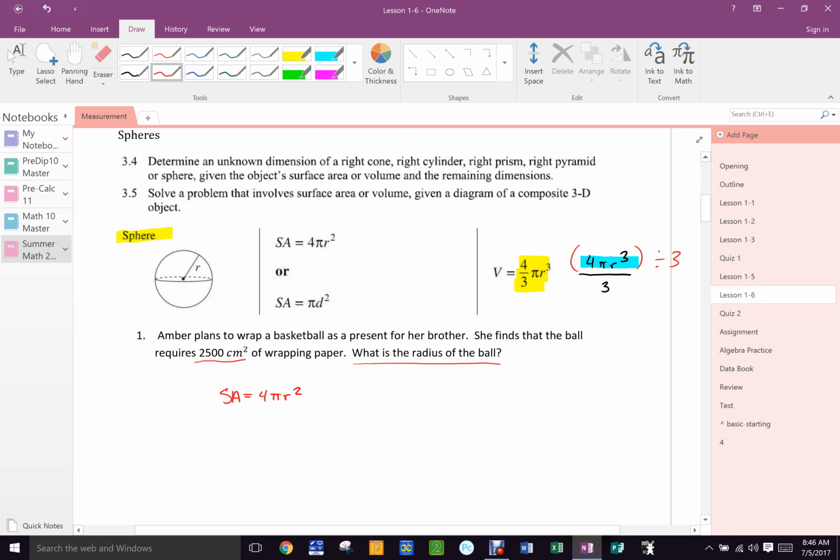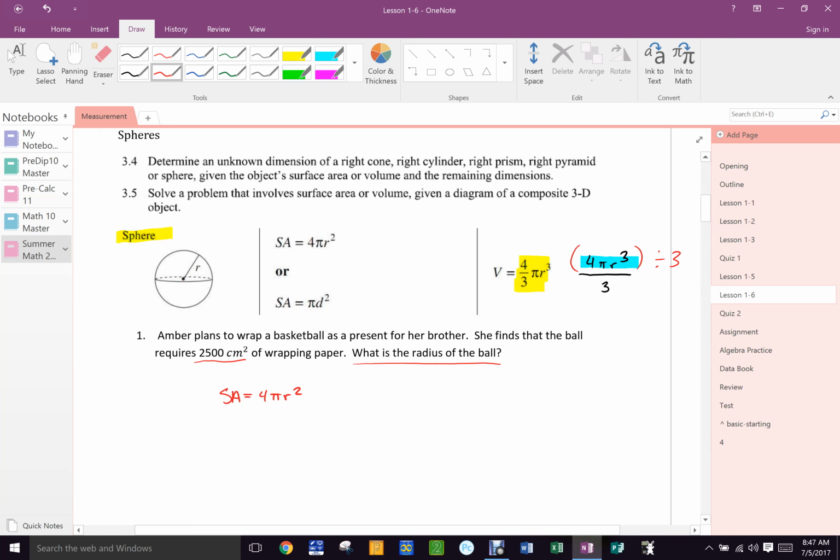Now I'm going to use this question to do 2 things. 1, discuss surface area, which we just did. And 2, I'm going to use it to practice your algebra. What do I know in this formula right now? And what is unknown? I know the surface area.